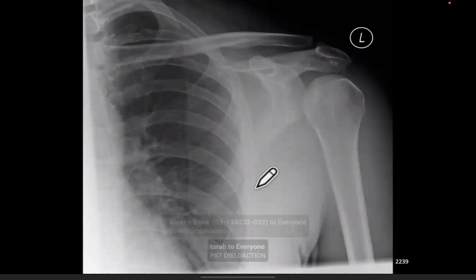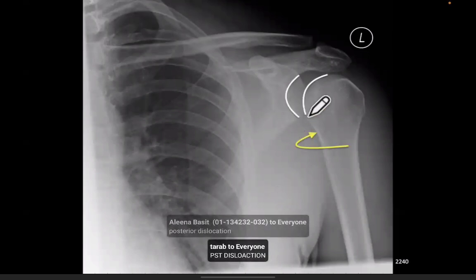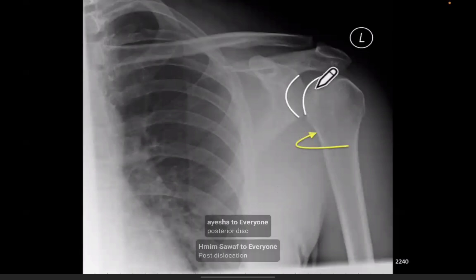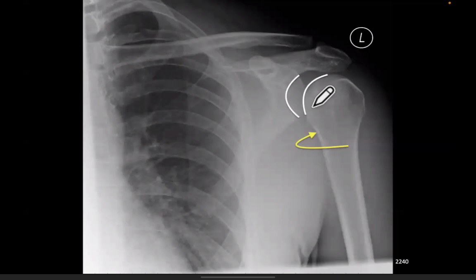posterior dislocation, yeah. And again, that measurement there is less than that measurement there. Now, when you get the internal rotation of the humeral head, although that is seen with dislocation in a posterior direction, it can also be seen in patients who internally rotate their humerus, okay?